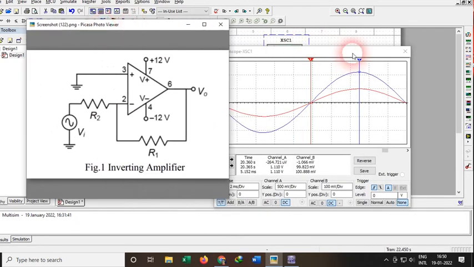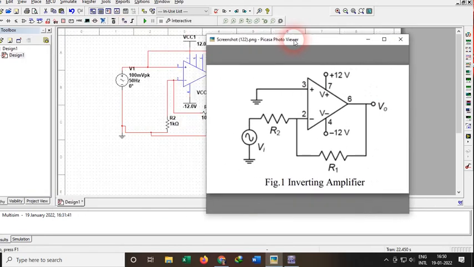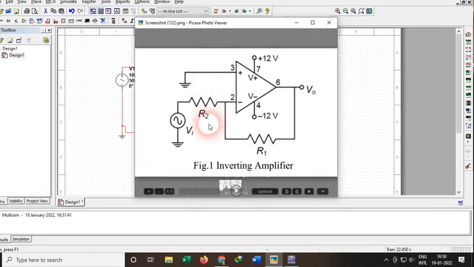So I will close this part. Just look here at the inverting amplifier. In the inverting amplifier, we connect the third pin with the ground, and to the second pin we connect the input source. Other things remain the same.